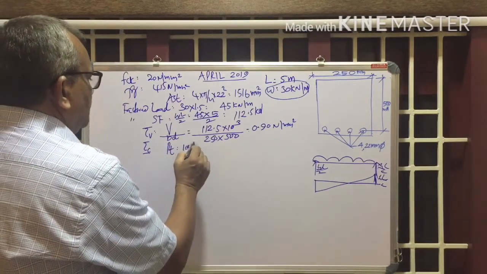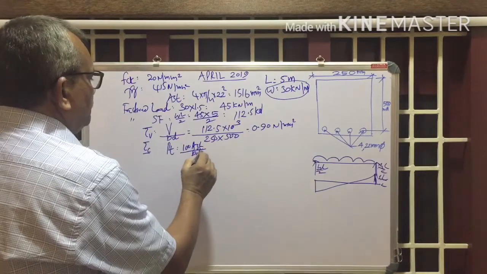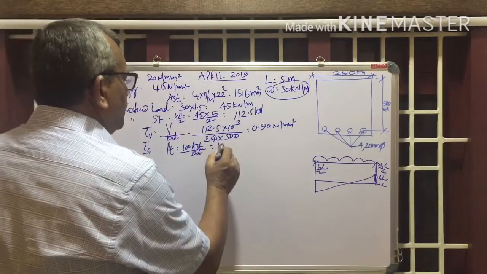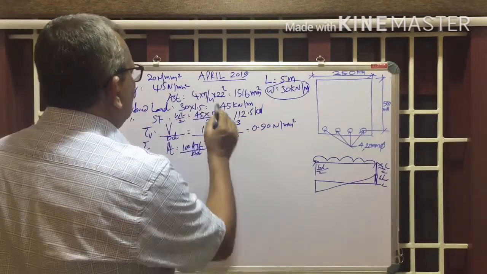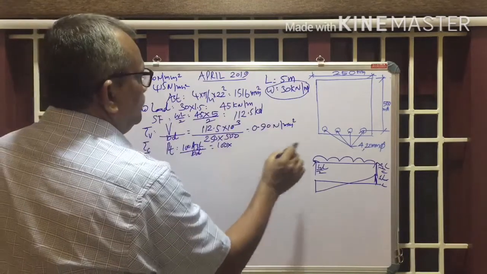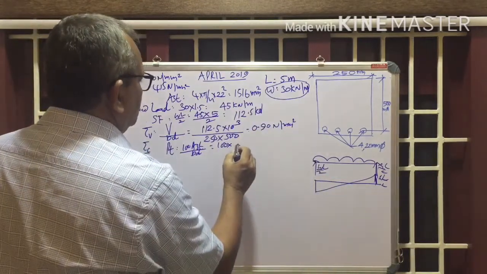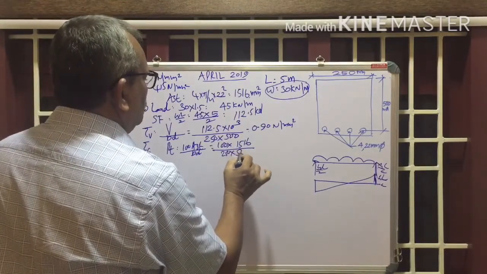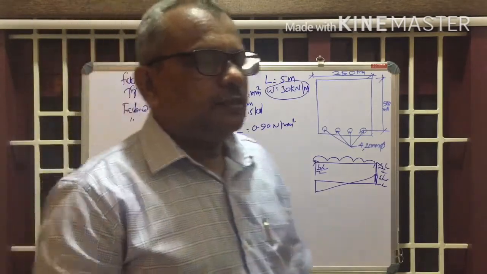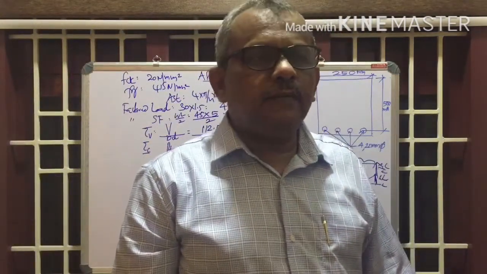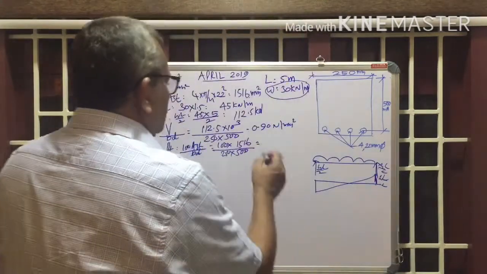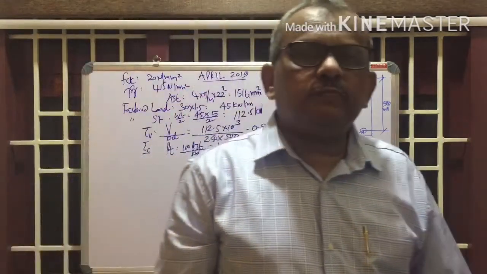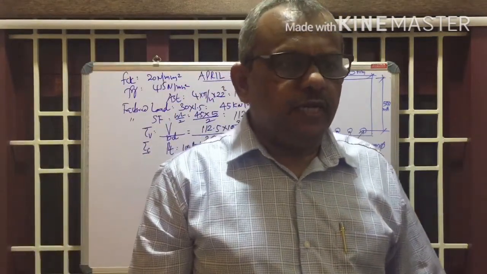What is PT? 100 AST divided by BD, which equals 100 into 1516 divided by 250 into 500. If you solve it, you will get 1.21 percentage. 1.21 percentage is the percentage of steel reinforcement.